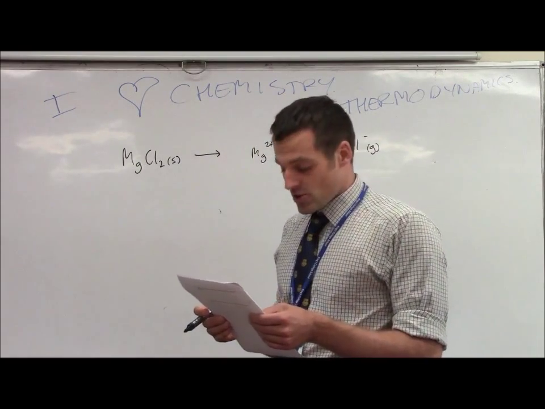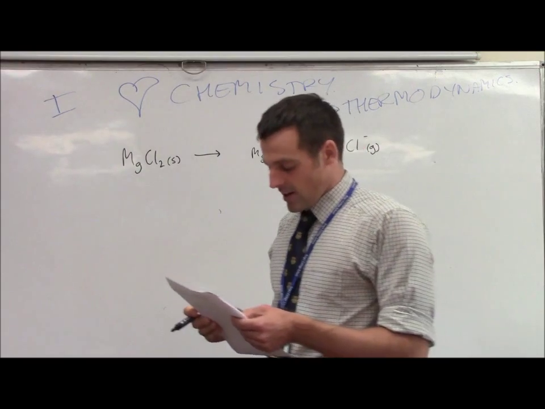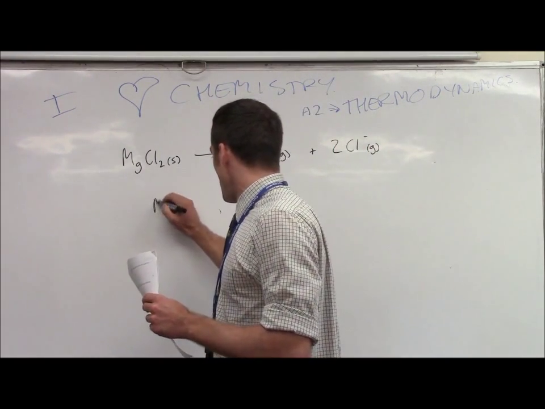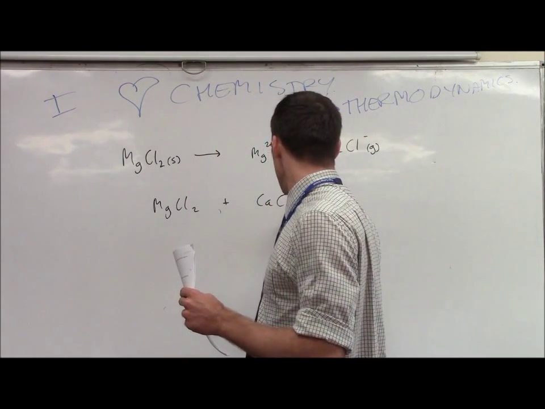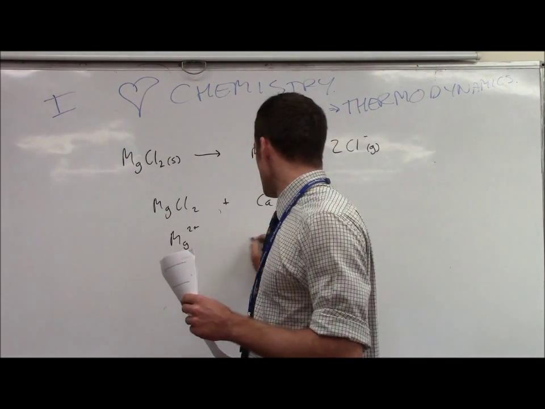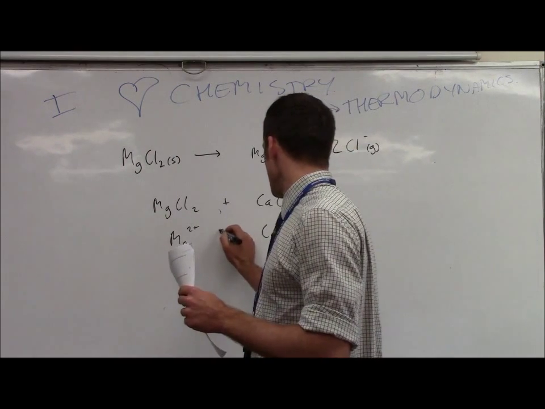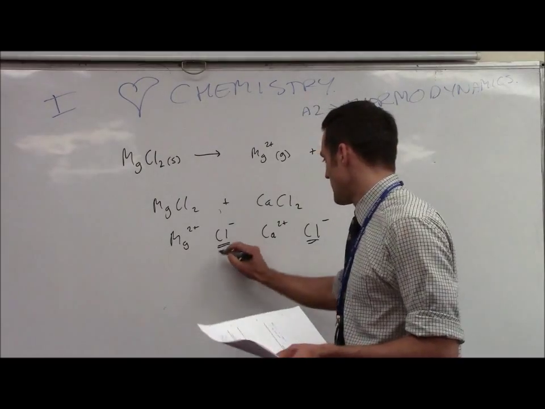Explain why the lattice dissociation enthalpy of magnesium chloride is greater than that of calcium chloride. First of all, spot the difference between magnesium chloride and calcium chloride. Both of them have got 2 plus ions attracted to negative ions. The chloride is exactly the same, so it can't be anything to do with that.